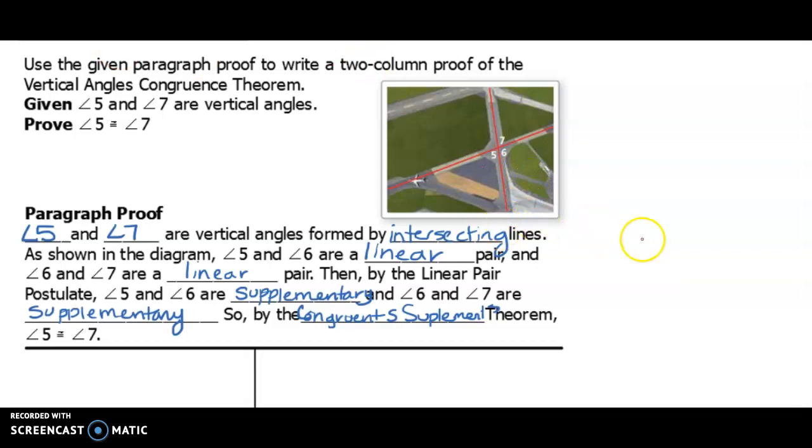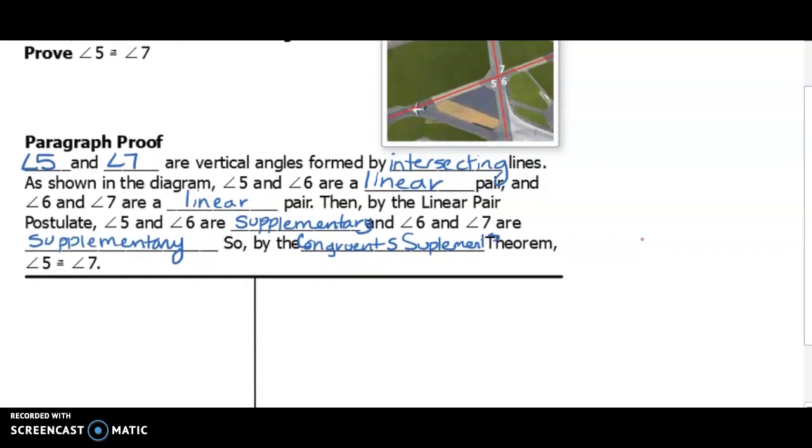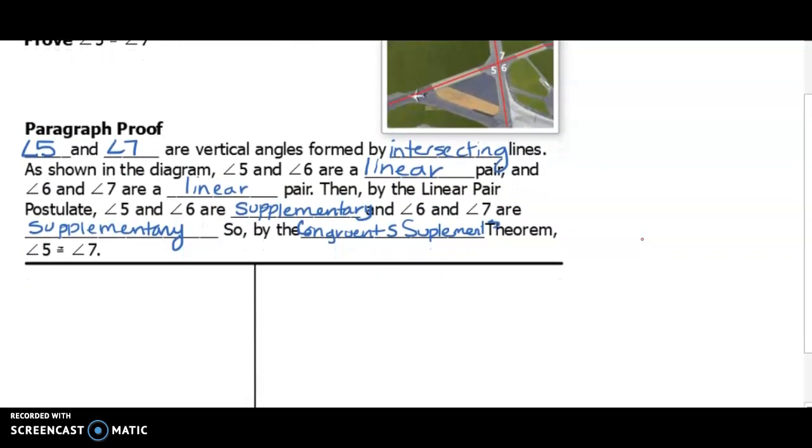All right, let's write this paragraph proof as a 2-column proof like we normally would. Let me scroll down just a little bit. All right, so we are given that angle 5 and angle 7 are vertical angles. I'm going to abbreviate big time, guys. They're vertical angles, and that is what is given. All right.